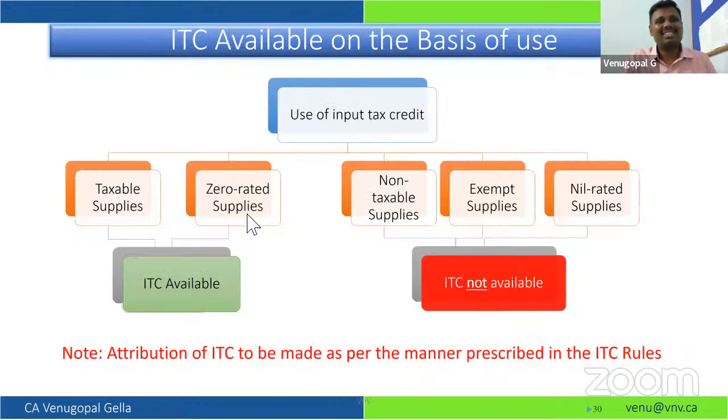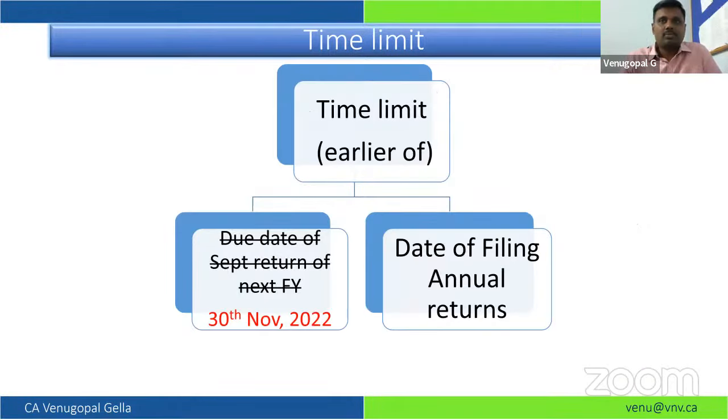And for the ITC which is eligible, we know something is definitely towards taxable supplies, it is available, and for non-taxable supplies, this is exempt. So the Tally on Wheels report gives you a line item wise view of the ITC, and it also has a facility to reconcile with GSTR-2A and 2B if you want. Even that reconciliation is there.